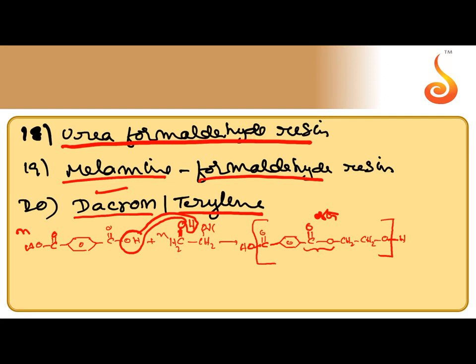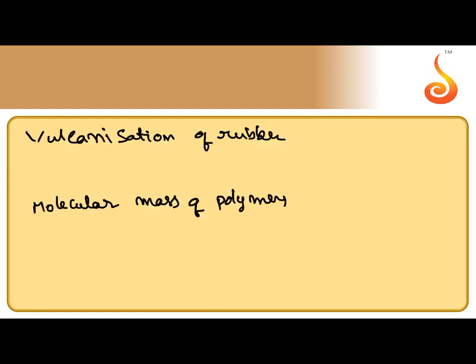That square bracket group is repeated n number of times. This is the repeating unit.